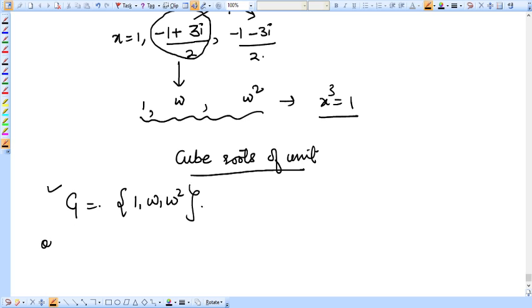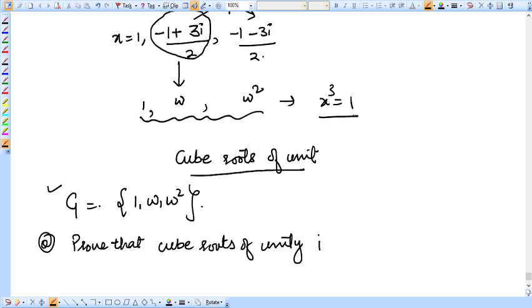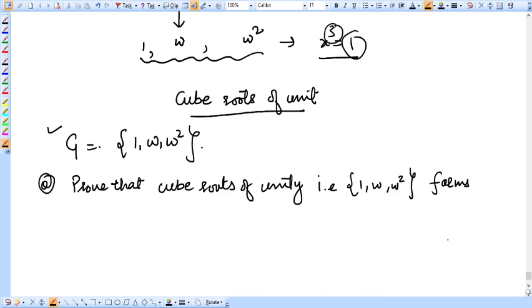A question can be asked in this form: prove that cube roots of unity, that is 1, omega, omega square, form an abelian group. Unity means 1, and cube means the equation is cubic.